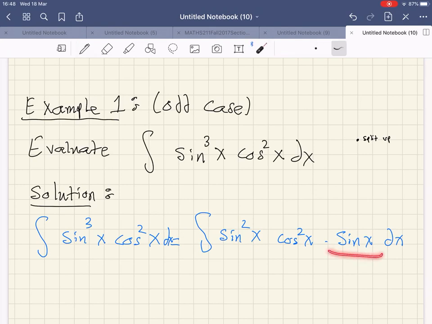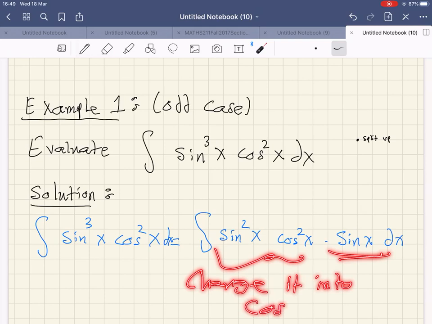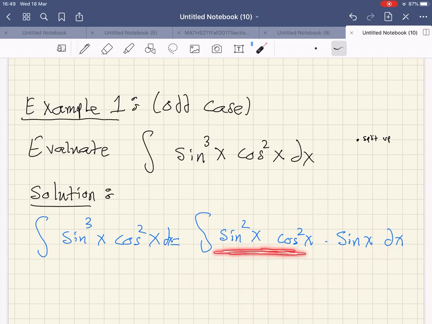We split up sine, so everything here, change it into cosine. I don't want to see sine x here. Everything should be cosine, something different than the one we split off. That's the major idea.